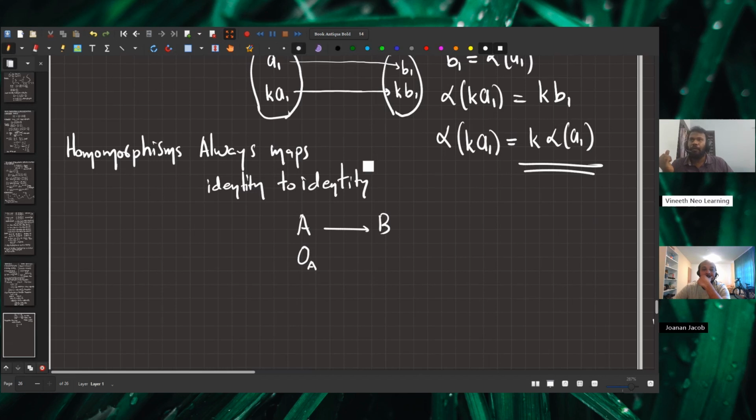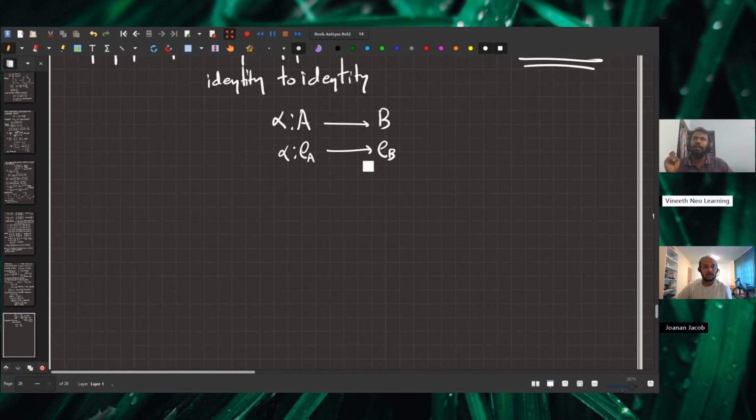E of A. If alpha is a homomorphism from A to B, or in linear algebra a linear transformation from A to B, alpha should map identity to identity, E of B. We can prove this. We have to show that alpha of E of A is equal to E of B.